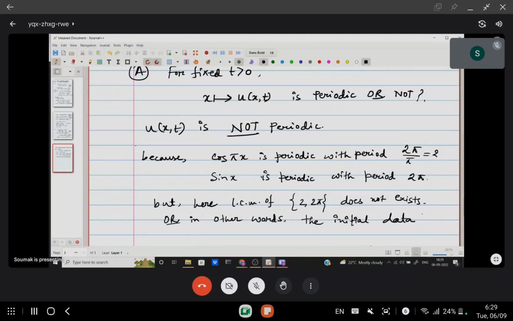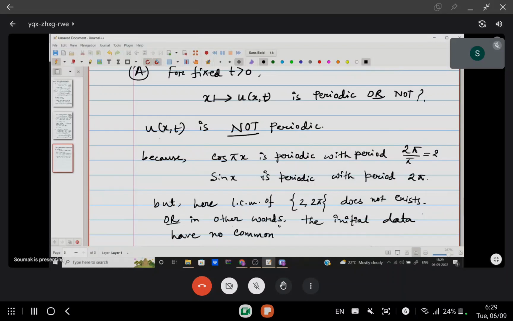So the solution depends on the initial data only, and any characteristics depend on the initial data. The initial data have no common period, so u is not periodic.